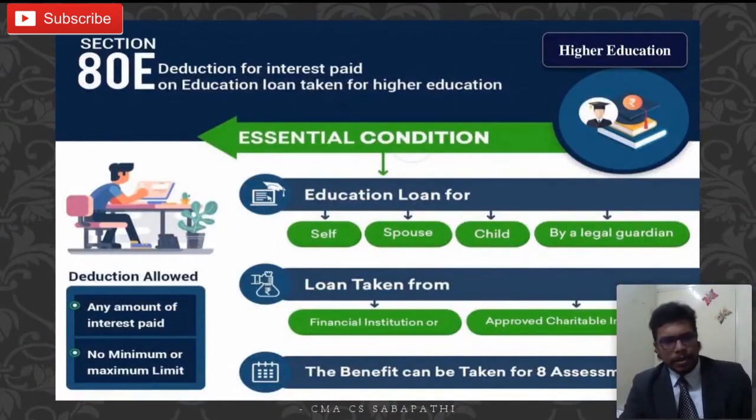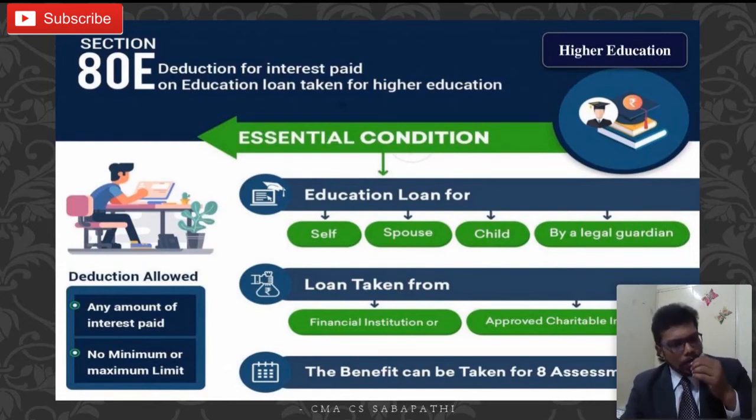Then comes section 80E. Most of the parents may touch this one. Educational loan. Educational loan to whom? You can take the educational loan for yourself, your spouse, child, or for any student for whom you are the legal guardian.